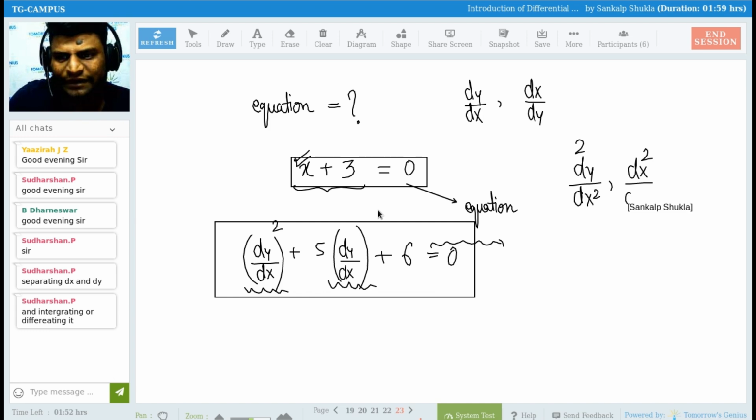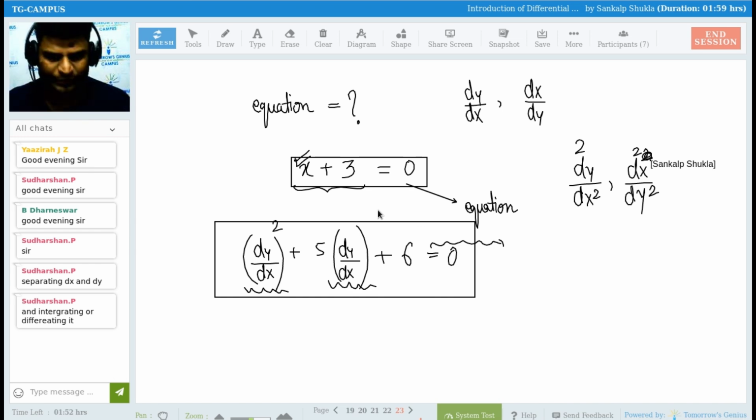It could be d2x upon dy2. Sorry. This is something which we call a differential equation. Am I clear, everybody? Am I clear on this? Quickly tell me so that we can proceed.